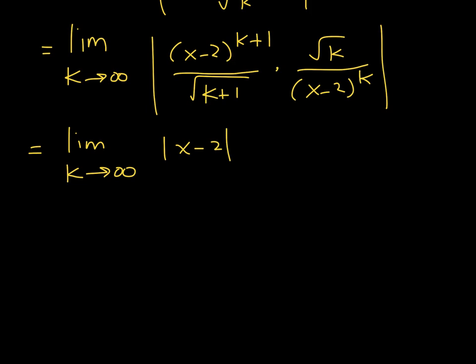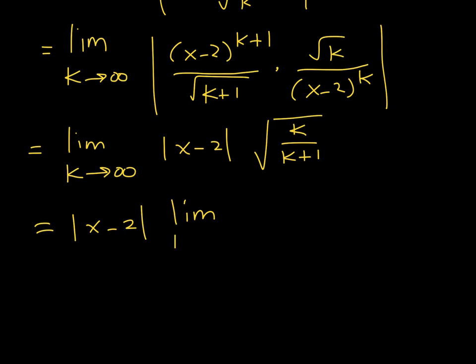And then as far as my expressions involving k here, I can use the quotient rule for radicals to say that this is equal to the square root of k over k plus 1, like that. I'm going to pull out the absolute value expression because it doesn't have k in it at all. So we have the absolute value of x minus 2 times the limit as k goes to infinity.